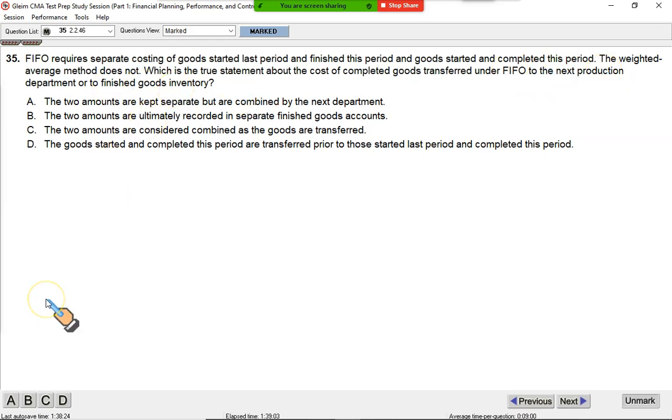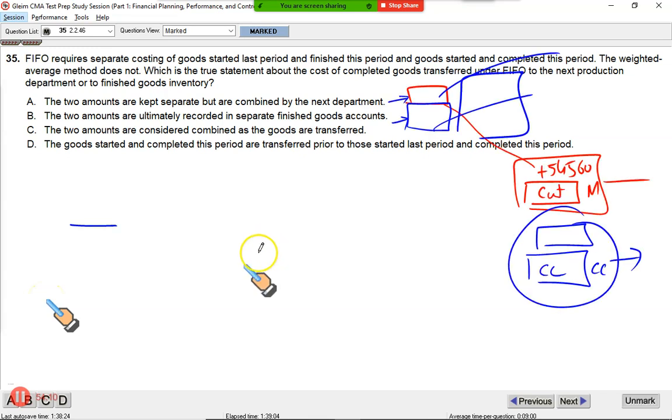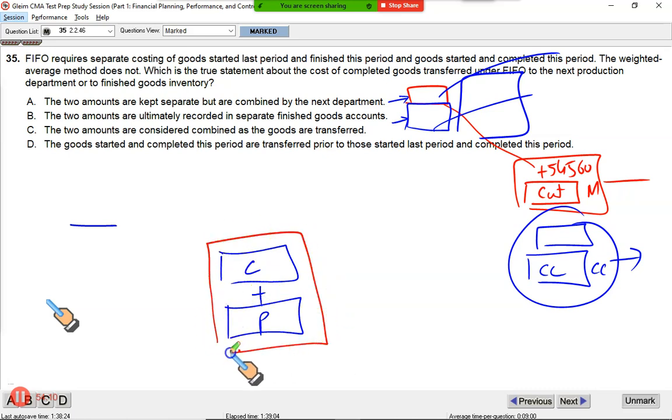We have just learned that in FIFO, we keep the costs separate, the current cost and the previous costs. But when the goods are transferred, these costs are combined and then transferred to the next department. Now, if this is the statement, then read all these options and tell me which of these is the right answer.